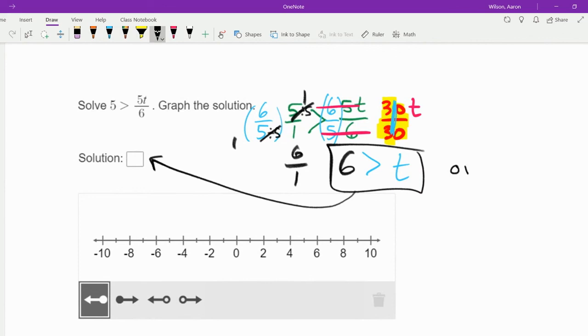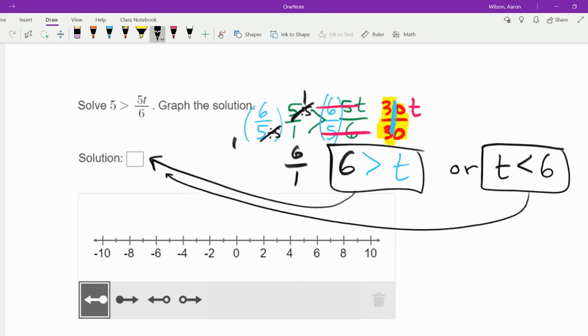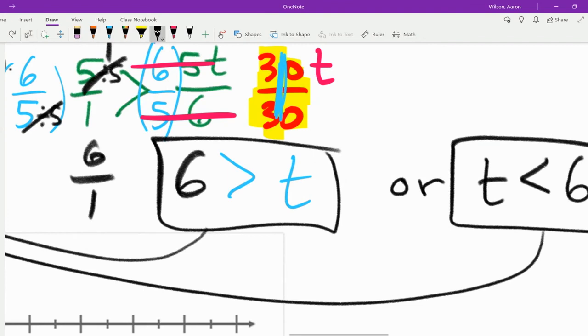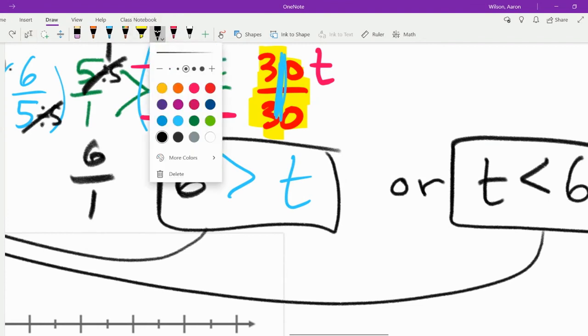But there's actually always two ways to write solutions. If you think about it the opposite way, if I say that 6 is greater than t, what does that say about t? That says that t has to be less than 6. That is also the correct solution. Remember in elementary school, you were always taught that the alligator eats the bigger number.